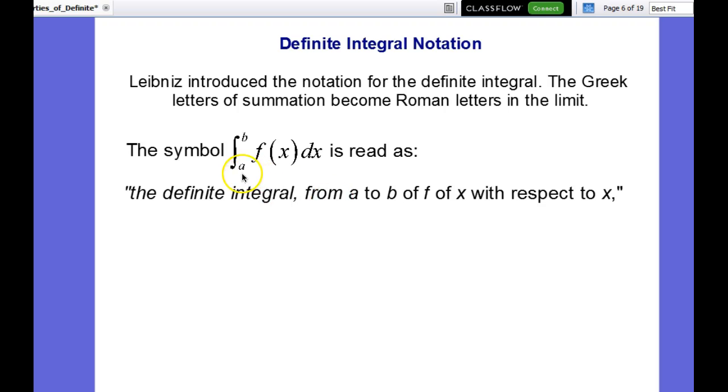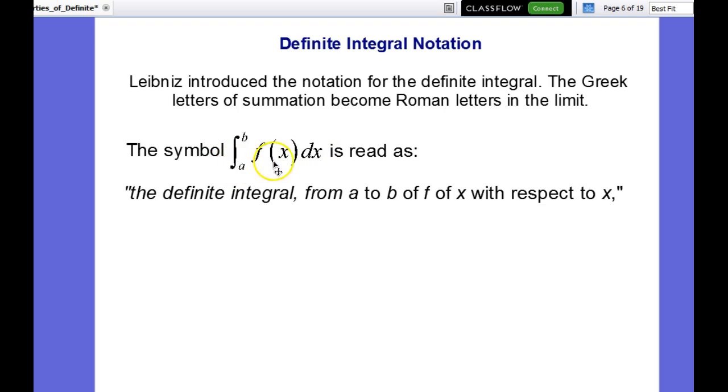So the new notation that we're going to be dealing with is actually this fancy looking S, which stands for sum, and it's going to be the definite integral from A to B. Remember that A and B are actually the endpoints of our interval. f of x is the function that we are integrating, or it's the function that is bounding our area, and dx is the differential.